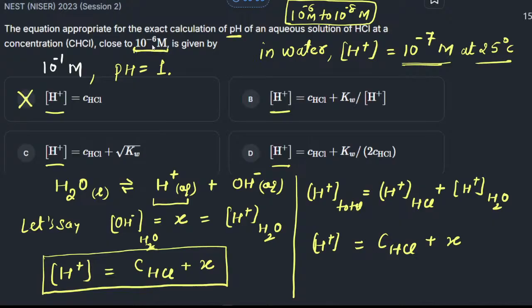So whenever the concentration is in this range, 10 raised to power minus 6 to 10 raised to power minus 8, we cannot neglect the contribution from water. So H plus ion concentration is the concentration of HCl plus X.